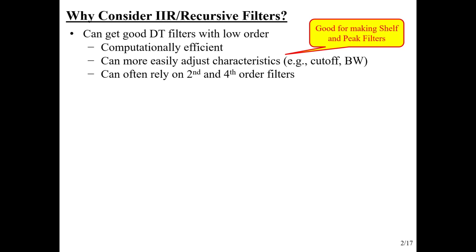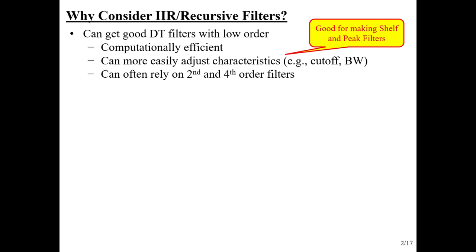For audio in particular, it means that we can very easily adjust the cutoff frequency or the center frequency or the bandwidth with just a few parameter changes, whereas for an FIR, you pretty much have to change all of the coefficients, and it's not in any obvious way. So that makes it hard to implement some sort of user adjustable filter.